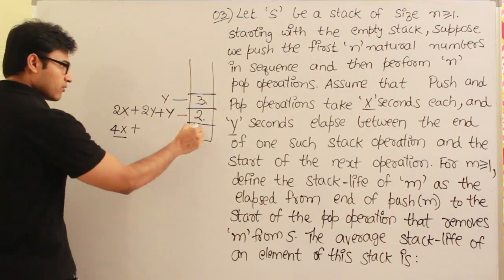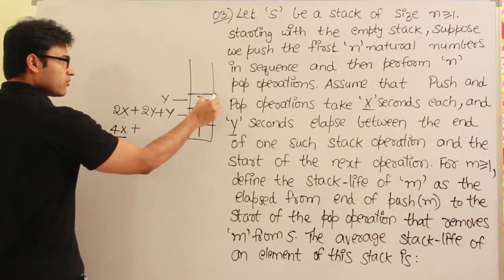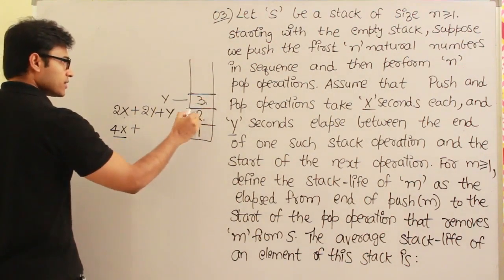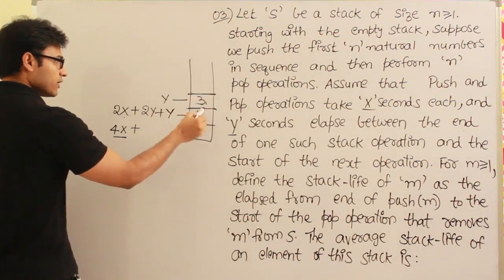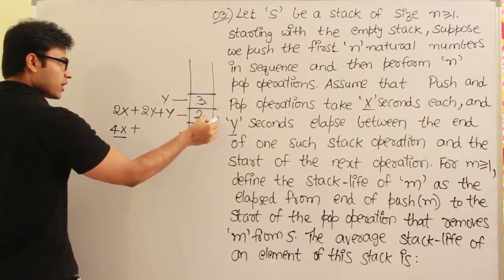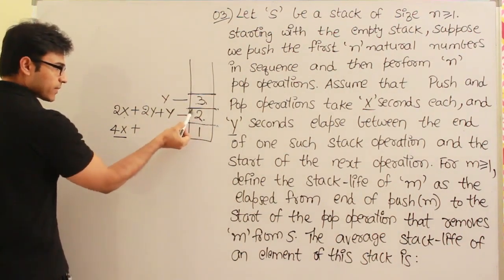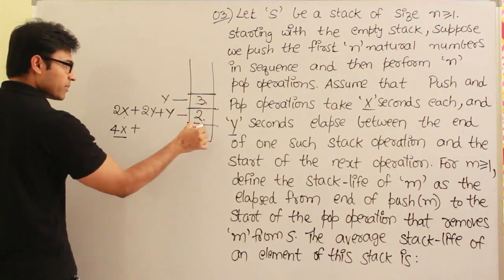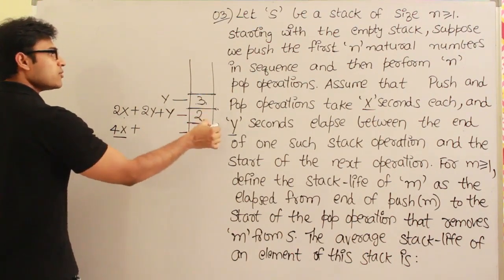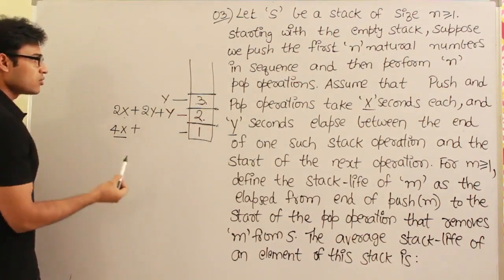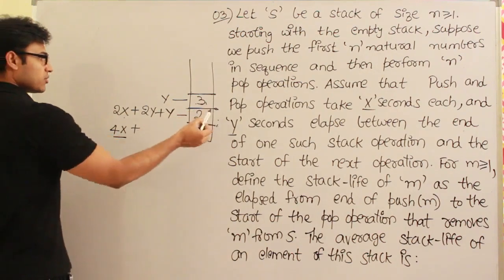And now there are 2 lines. You remember, you forget about the top line because that is just going to contribute 1y. These 2 lines are going to contribute. See, one gap will be there before pushing, right, and one gap will be there before popping. Therefore, every line is going to contribute 2y. How many lines are there? 2 lines, and every line is going to contribute 2y.